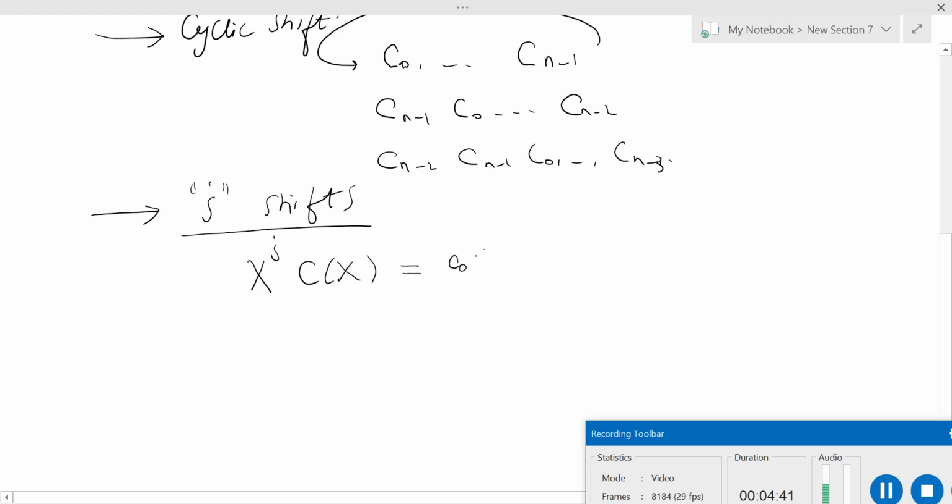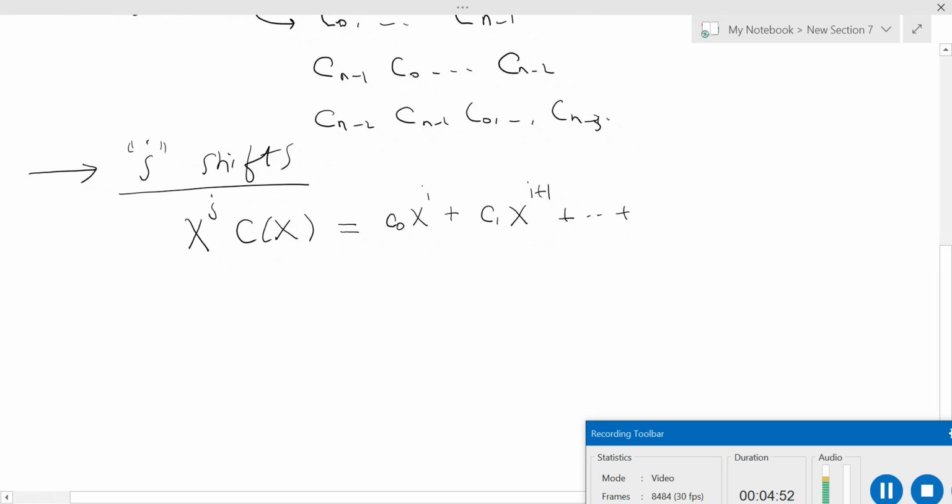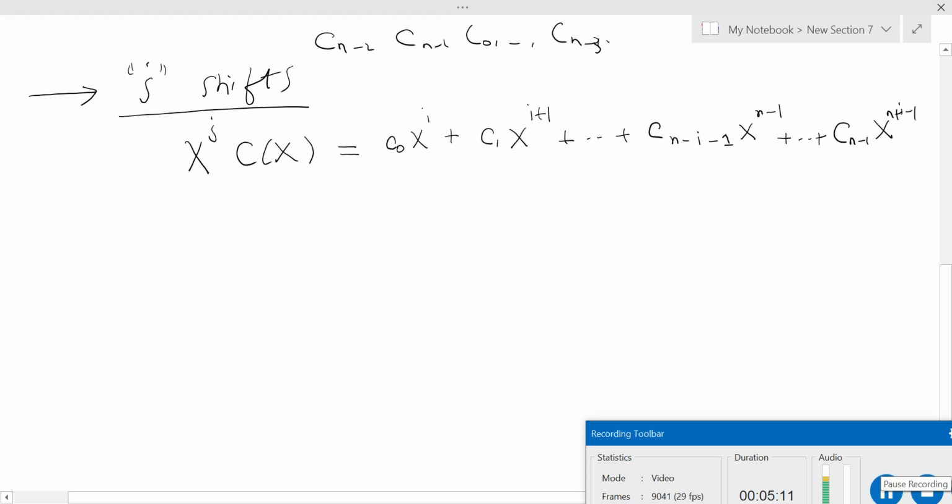I will obtain c0 x to the power i plus c1 x to the power i plus 1 plus and so on. There will be some term denoted by c of n minus i minus 1 x to the power n minus 1, plus finally cn minus 1 x to the power n plus i minus 1. Now I will take x to the power n as common, but before that we will write some of the terms in more detail.